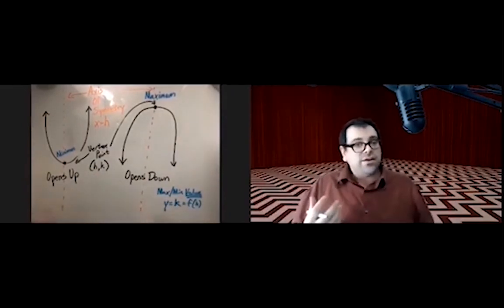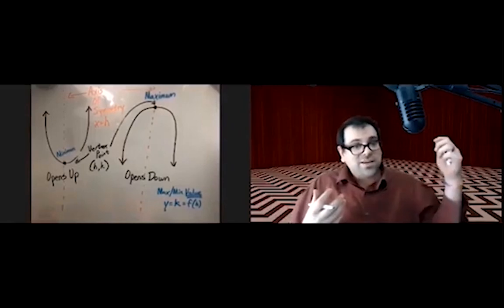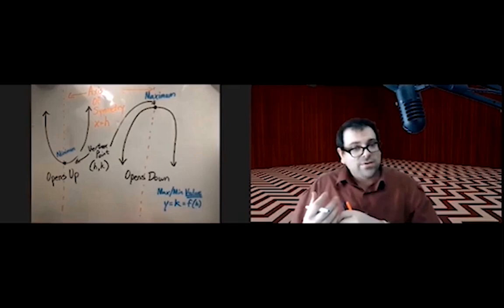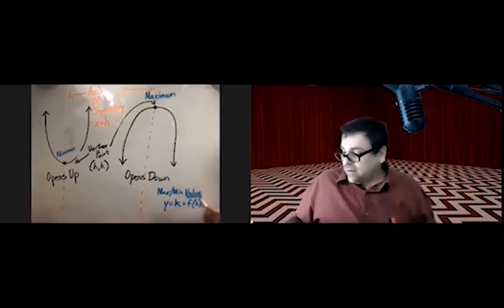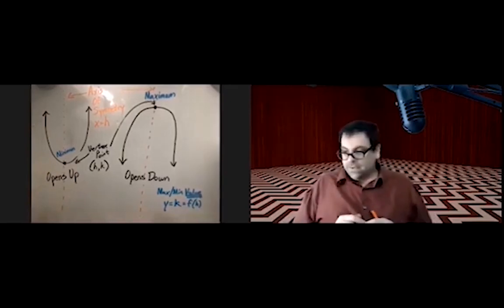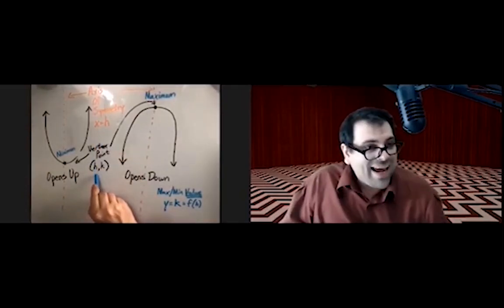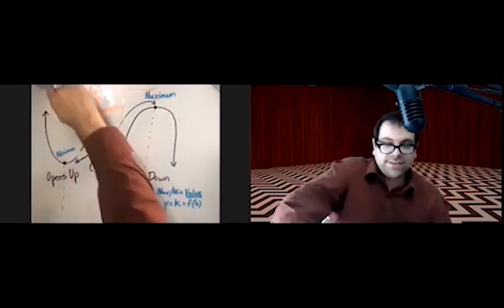Because how do we get a y value? We take an x value, we plug it in, we evaluate, we get a y value out. We get a function value out. We get the value. So x equals the input, x equals h. That's going to give us the line.